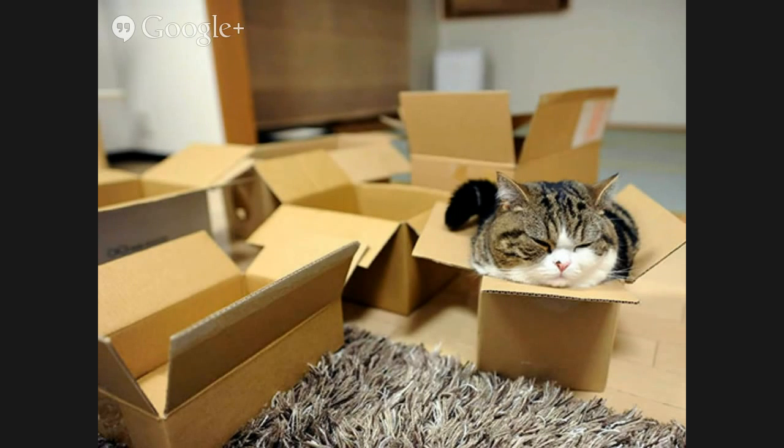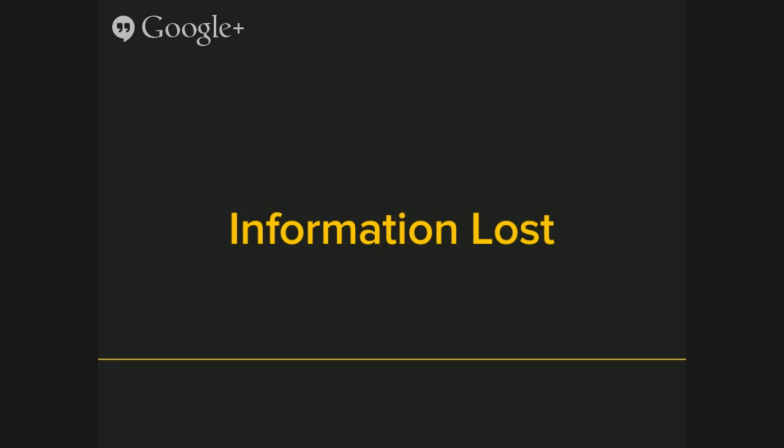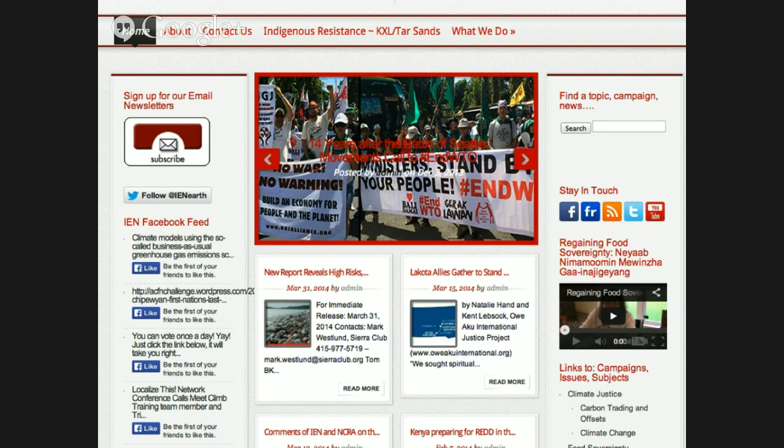So I'll talk about that a little bit further along. So there's a lot of issues with this. Information gets lost. Did any of you go to the content strategy meeting session yesterday? You can watch the video later, but they spoke exactly to this of all this information kind of just being shoved into a platform.